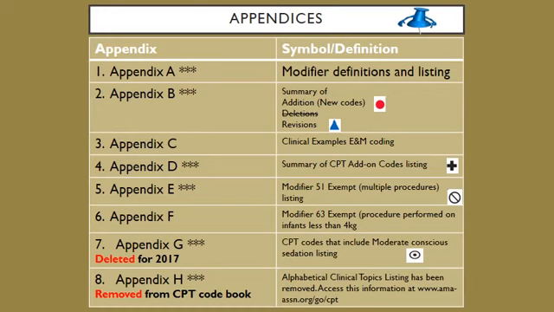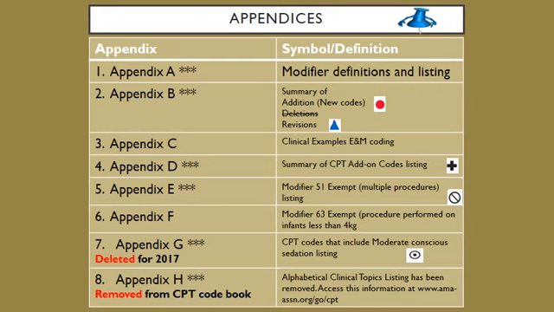Appendix F, this is a modifier 63 exempt procedure performed on infants less than 4K. So that means that you don't put a 63 modifier on a particular code, and it will tell you the code. Usually the parenthetical note will let you know as well.